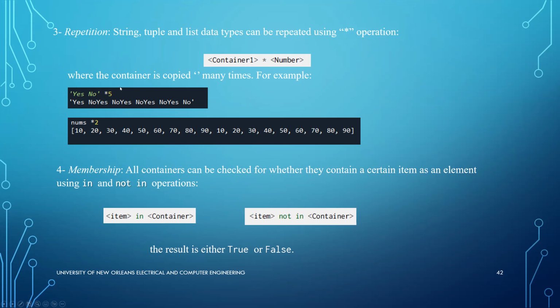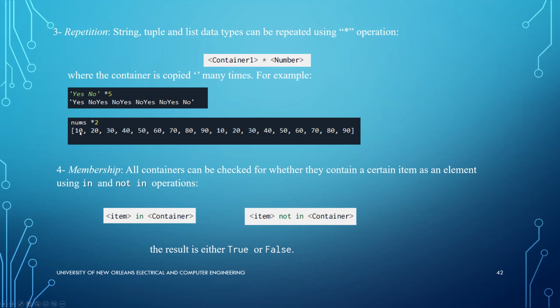For example, if I have a string that has yes, no, and I use asterisk 5, it's going to repeat the information 5 times. So as you can see here, we have yes, no repeated 5 times.